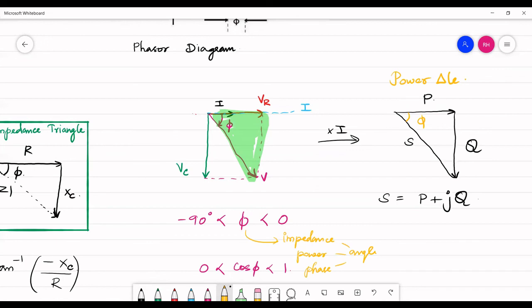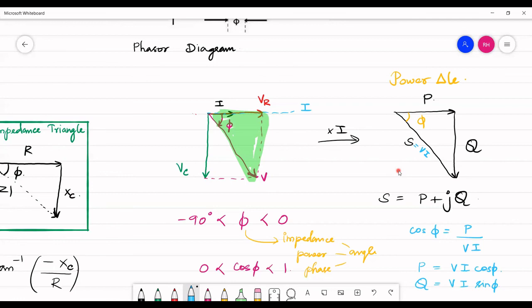And now we know how to write the relationship of P and Q. So let me again repeat it. S is equal to V into I, and cos phi is equal to P divided by S, which is VI. On cross multiplication, we have P is equal to VI cos phi, and Q is VI sin phi.